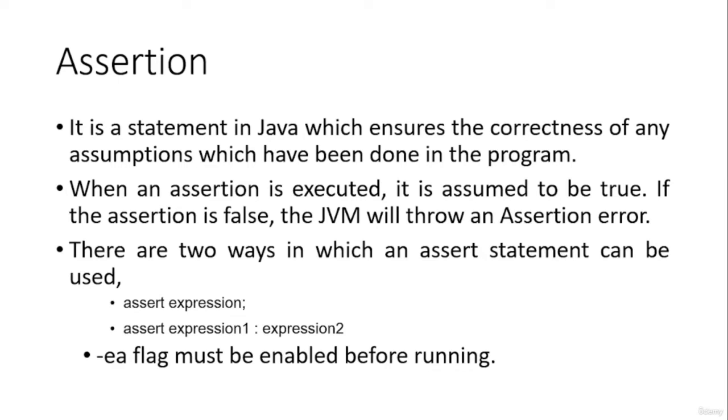If you are running your program in the Eclipse IDE, you have to provide virtual machine arguments while running it. Right click, go to Run As Java Application, and specify the virtual machine argument as hyphen ea. We have to specify that in order for assertions to work. We will see the practical for this program now.